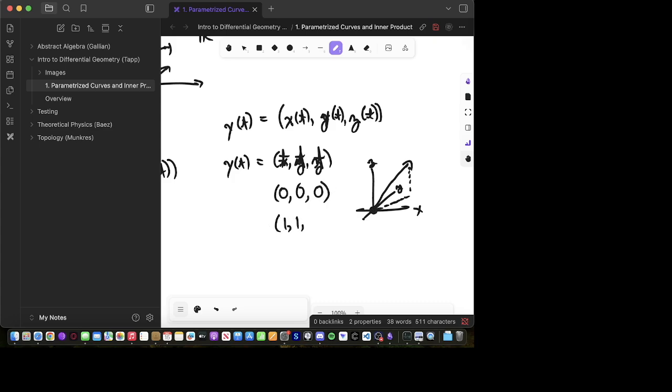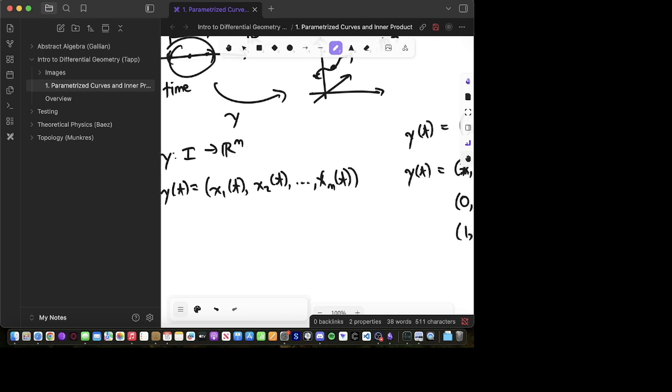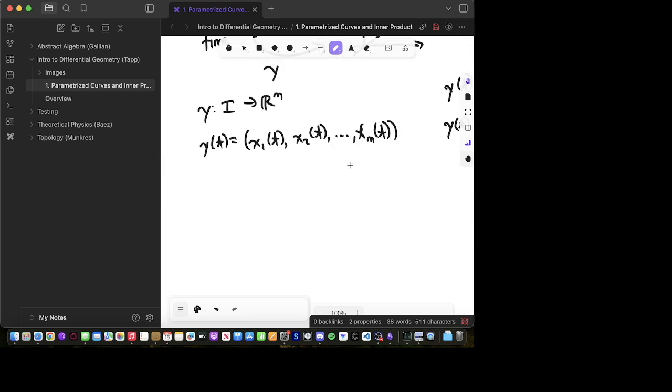At time 1, we might have the position 1, 1, 1, and so on and so forth. So these components basically describe where a particle is relative to its given axis, x, y, z, or in the generalized case, we might label them by subscript. So anyways, that's a bit on components.